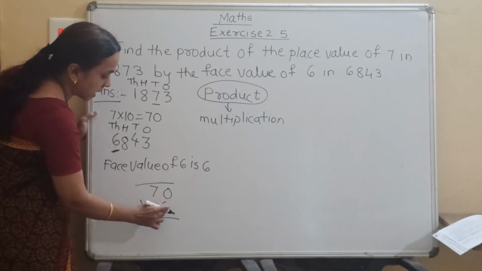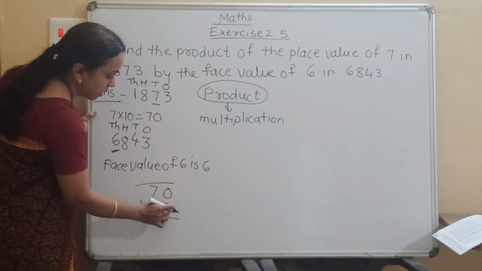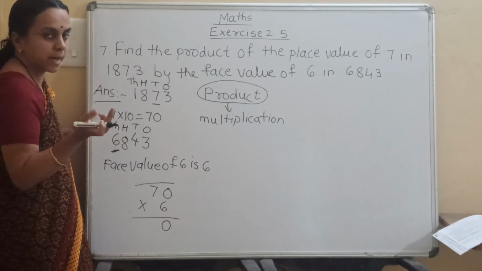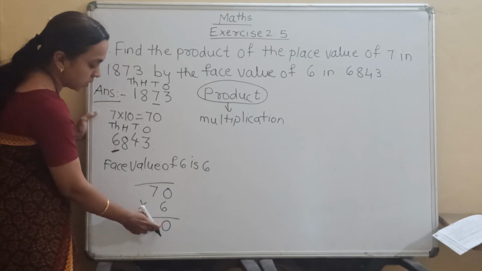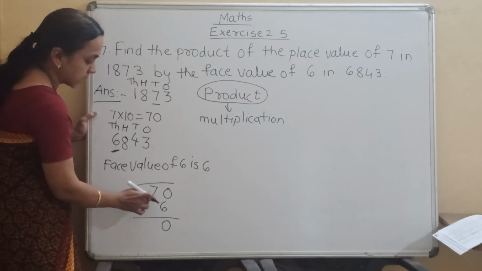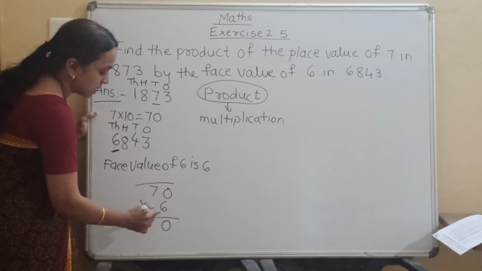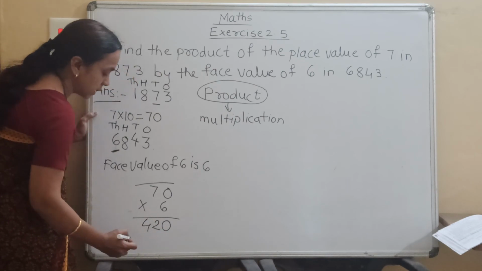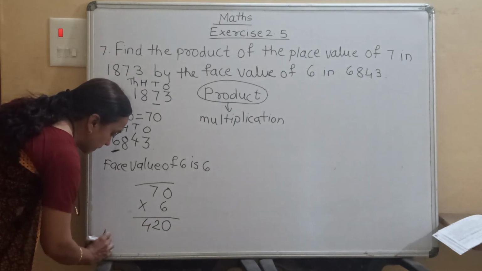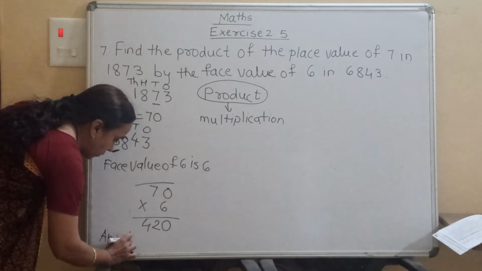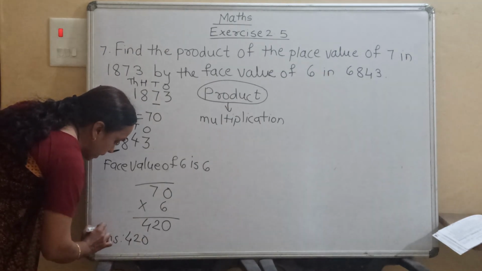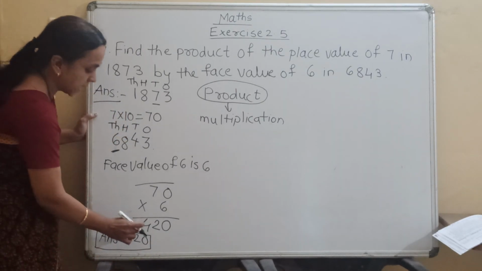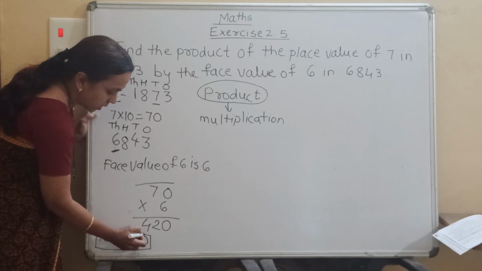So start with this 6. 6 multiplied by 0, 0. Any number multiplied by 0, the answer will be 0. Then 6 sevens are how much? 42. So what is our answer? Our answer is 420. So everything you write down as it is in your notebook.